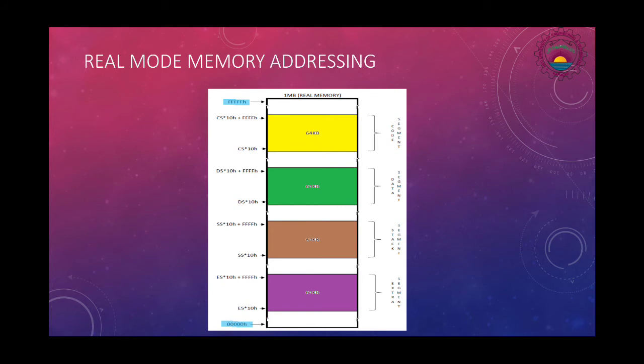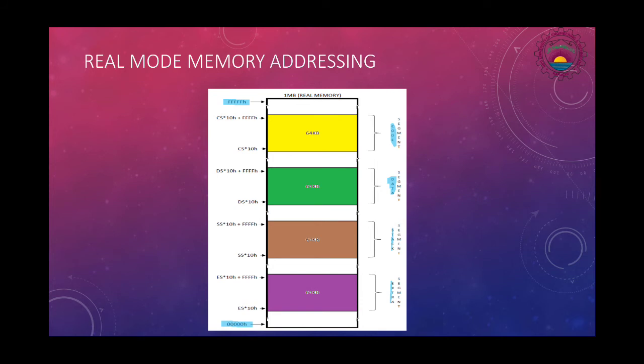Within this 1 megabyte memory, there are 4 segments possible. First one is code segment, second one is data segment, and third one is stack segment, and fourth one is extra segment. So why we are going to access only 4 segments?